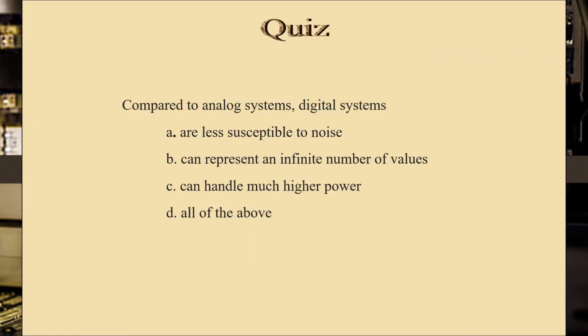Based on the topics that we discussed so far, let us attempt a quiz. The first question: compared to analog systems, digital systems are less susceptible to noise, can represent an infinite number of values, can handle much higher power, or all of the above. Among these four options, the first option is the correct one: digital systems are less prone to noise.